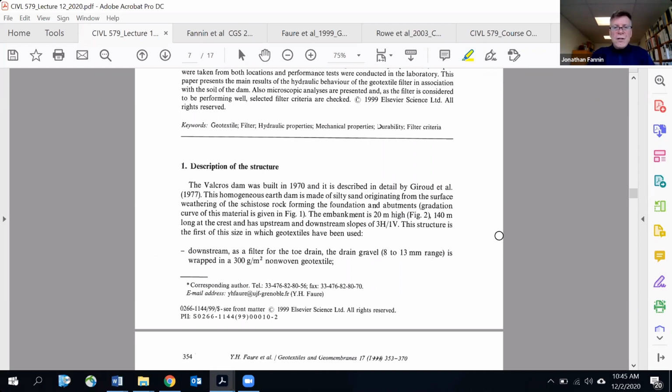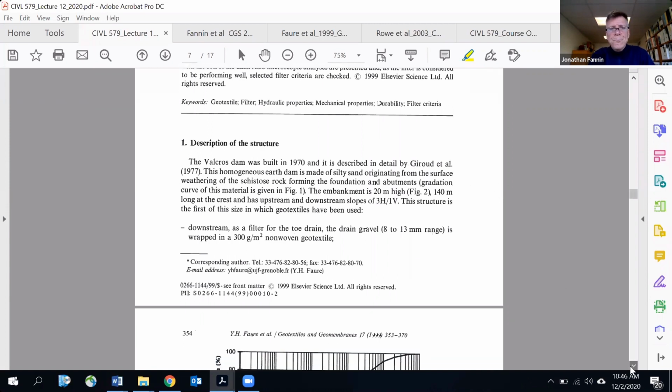It's not a trivial structure, 20 meters high, not particularly long, 140 meters long at the crest, and it was the first of its size in which geotextiles were used. Giroux was quite the innovator and quite the driver. He was one of the founding principals of Geosyntec Inc. in the United States as a consulting company, for the record. I think he's retired and living in Florida now.